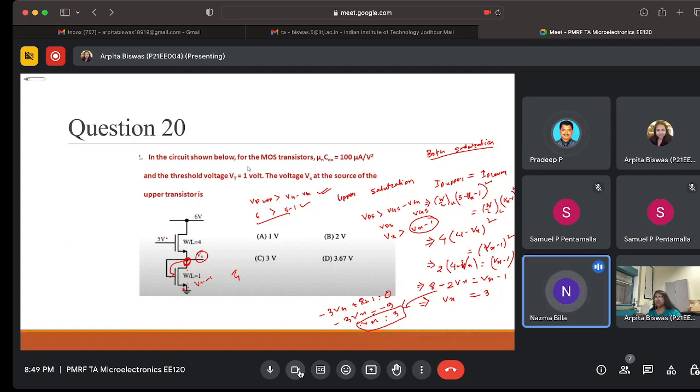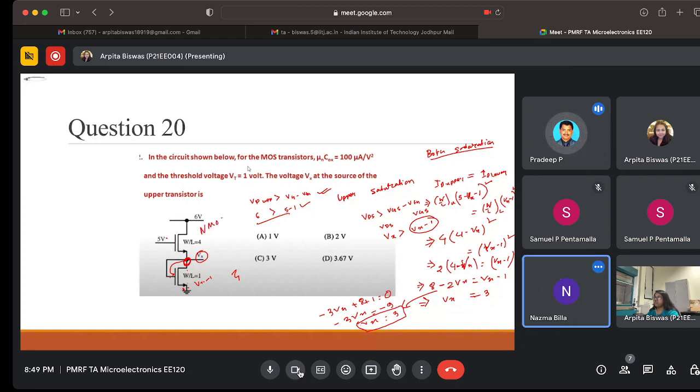Nazma? Yes, ma'am, I have a doubt here. For the upper transistor, gate is provided 5 volts and drain has been given Vx, source is given 6 volts, no, ma'am? This is the NMOS, no?